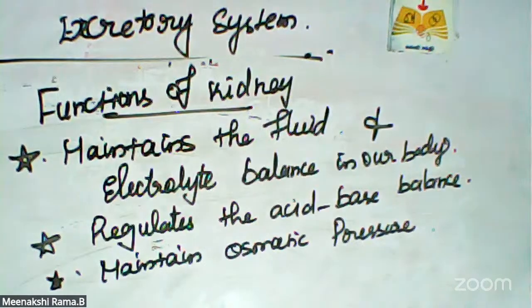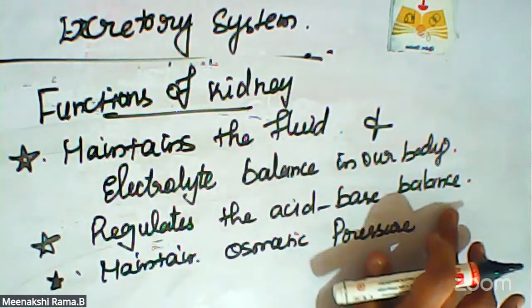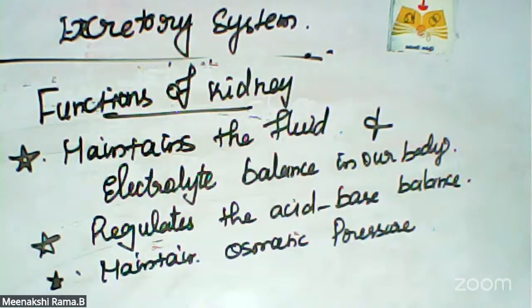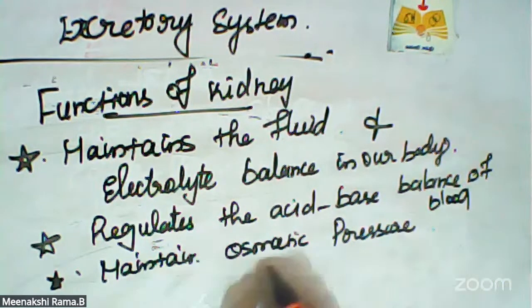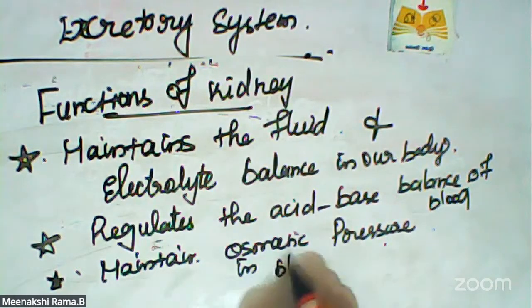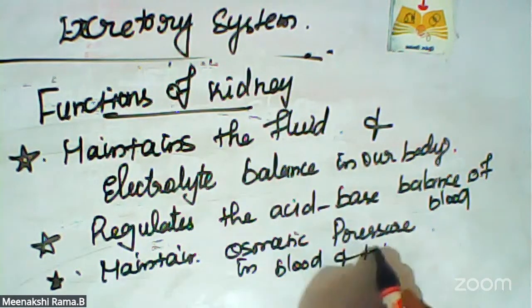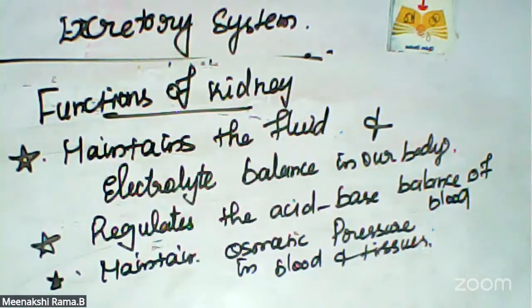One is it maintains the fluid and the electrolyte balance in our body, it regulates the acid-base balance, and then the next one is balance of the blood. And the next one, maintain the osmotic pressure in blood and tissues. So these are all the main functions of the kidneys.